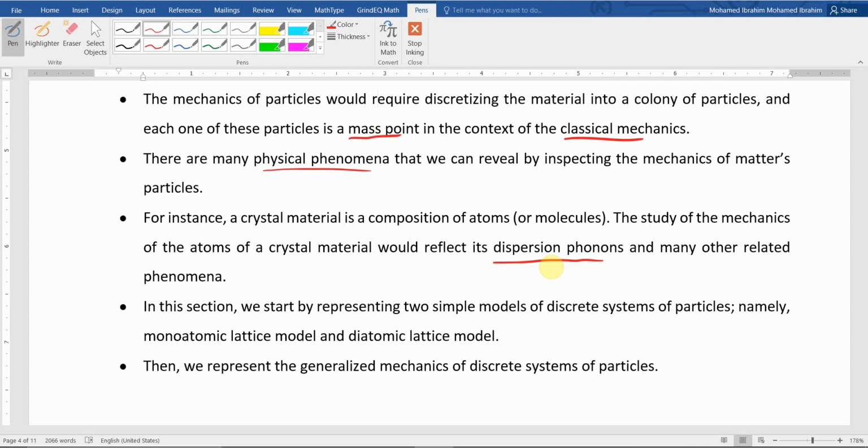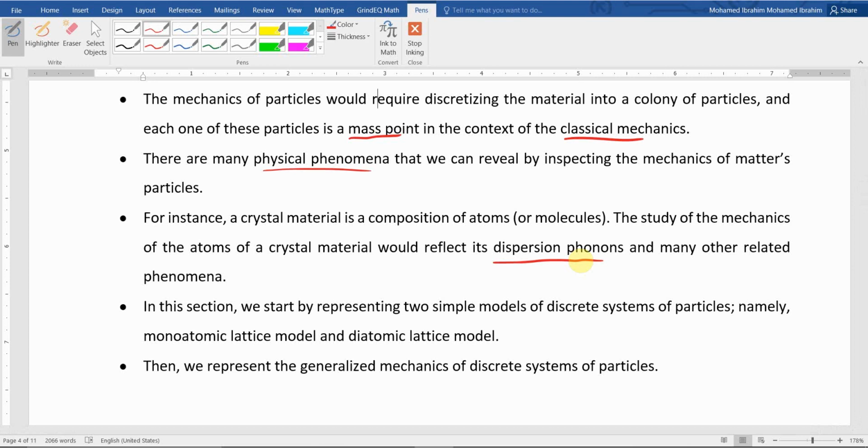These dispersion phonons, or the dispersive behavior of material, are used a lot in the design of material for sound applications or optical applications. All optical applications depend on the dispersion of waves through the material. And these dispersion behaviors of the material mainly depend on how particles or atoms inside a single crystal move.